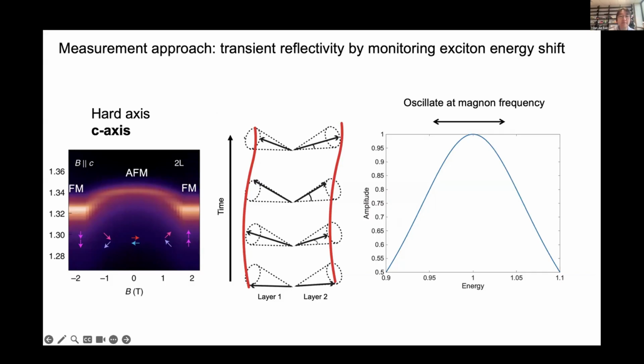So you can imagine that we create a coherent oscillation of spin wave. So the phase needs to be well defined. And what will happen is that, let's say in steady state, we have this exciton peak at time 0. And this peak will oscillate at the frequency of spin wave if our picture is correct.